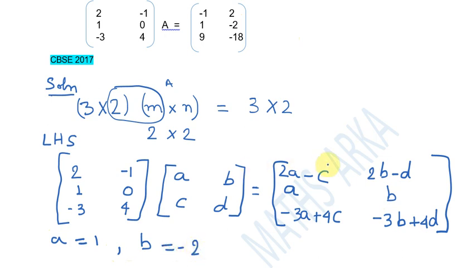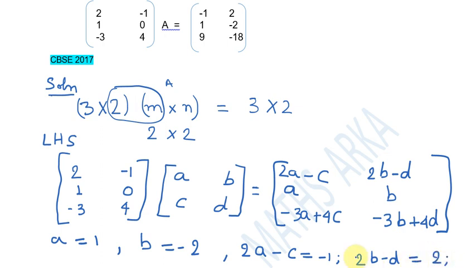Then we will be getting a few other equations. So 2A minus C is equal to minus 1, here we have minus 1. And the fourth equation, what do we get? 2B minus D is equal to 2.